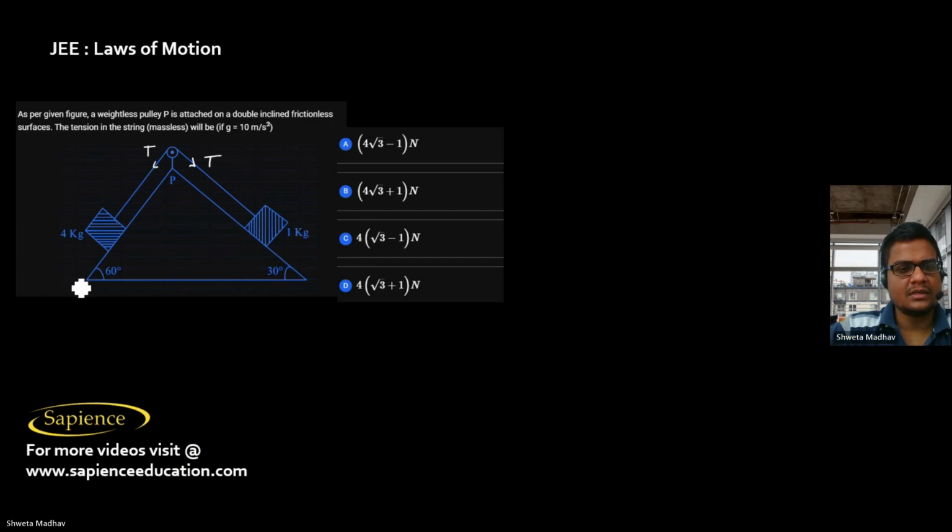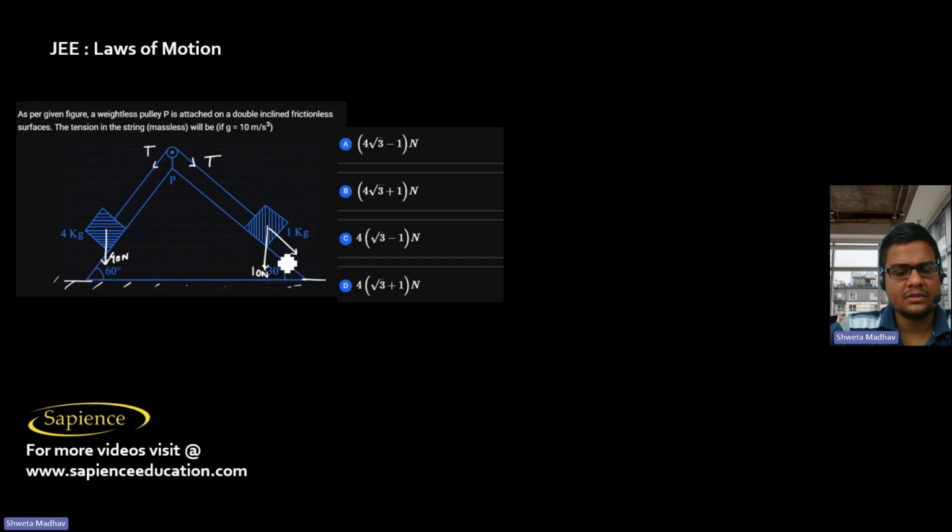And this pulley is fixed. So here g is 10, so 40 Newton is acting here. Here 10 Newton is acting downwards.